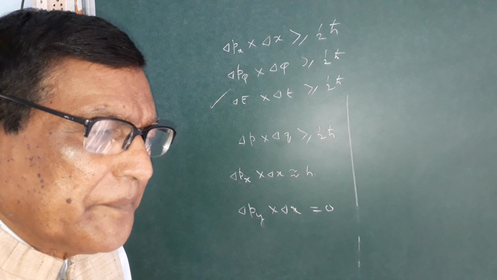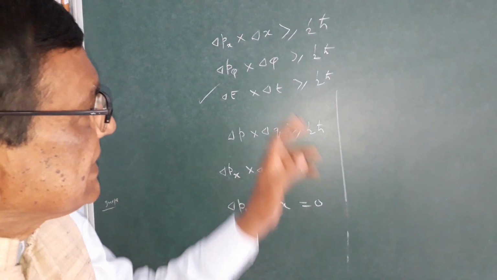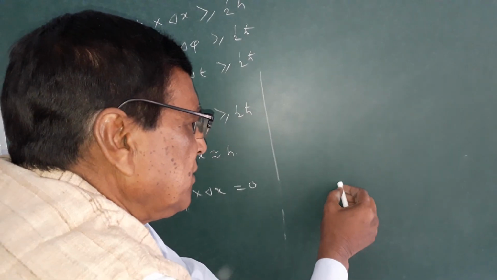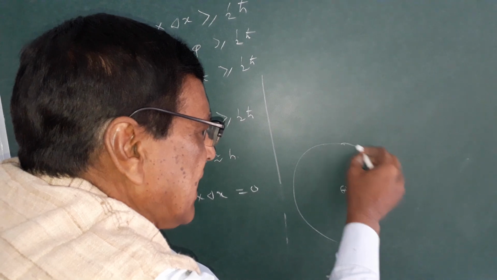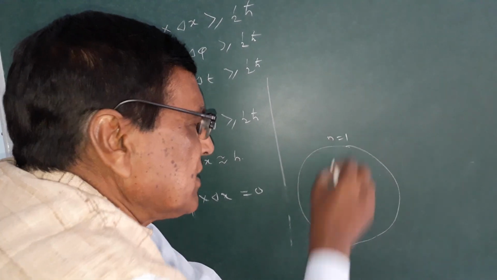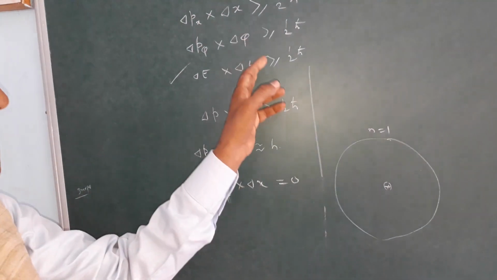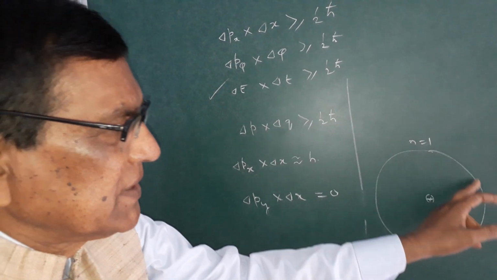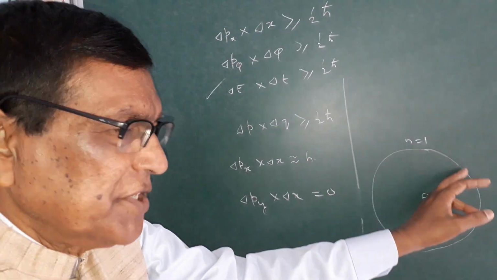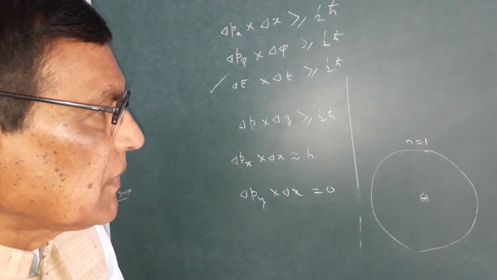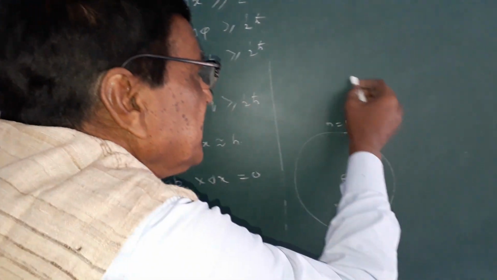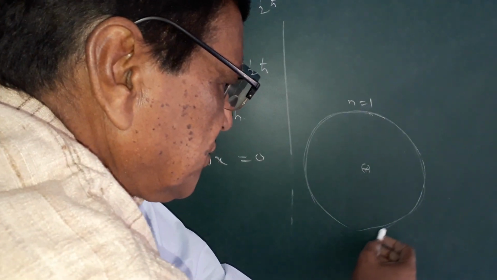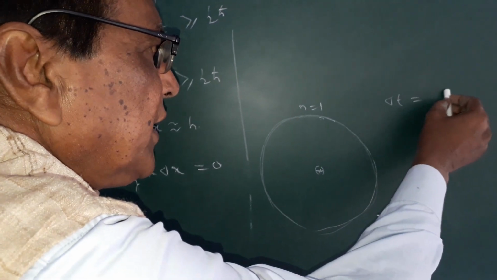In case of this one, the delta T is not the uncertainty in time. It is actually a duration. Suppose the hydrogen atom is present in the first orbit. So delta T is the lifetime of this electron to stay in this definite orbit or stationary state. If we consider the delta T in the stationary state, delta T equals infinity.